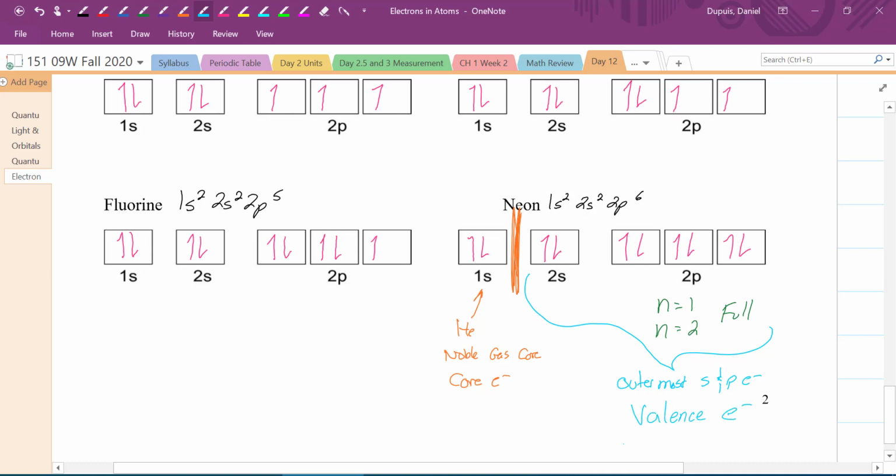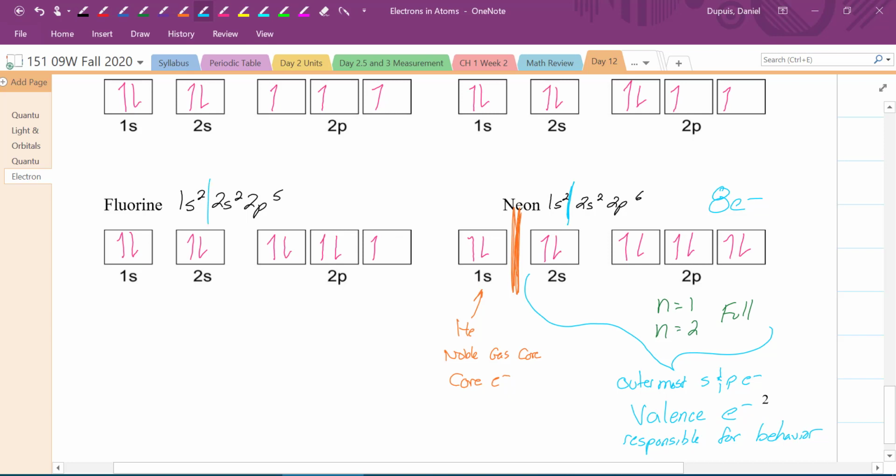And they're the ones that are responsible for behavior. So valence electrons are the ones that are responsible for behavior. So neon has how many valence electrons? 8 valence electrons. It has 10 overall electrons, but it has 8 valence, right? The core is 2 core, 8 valence.